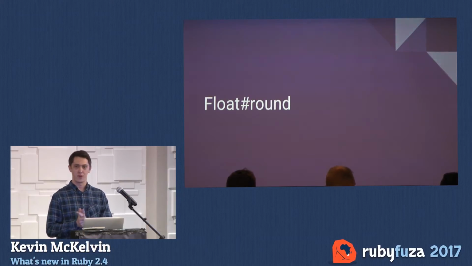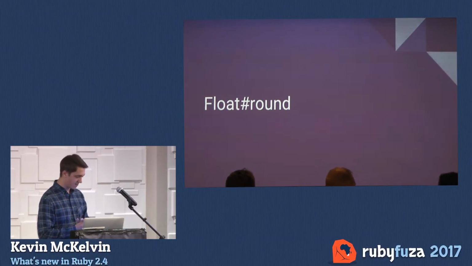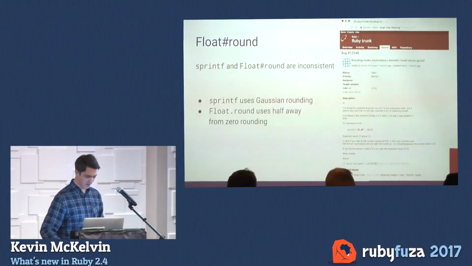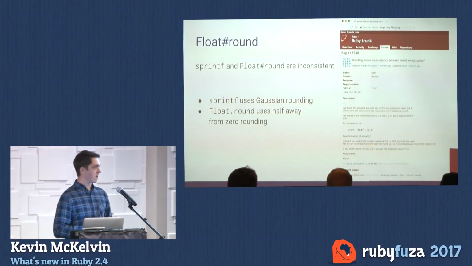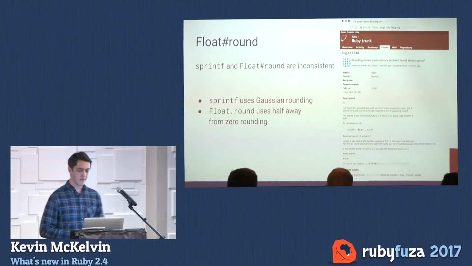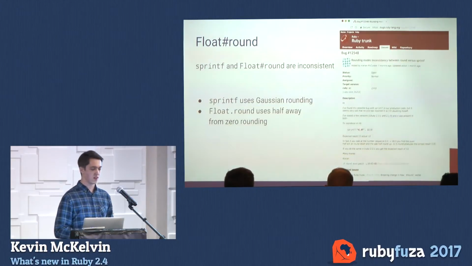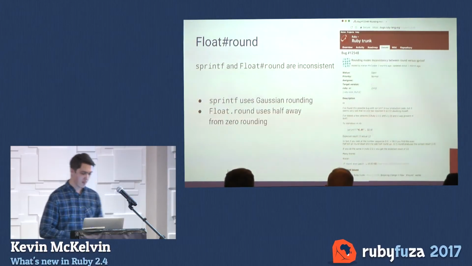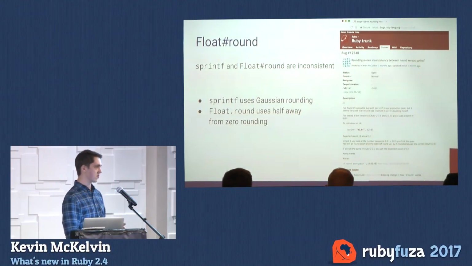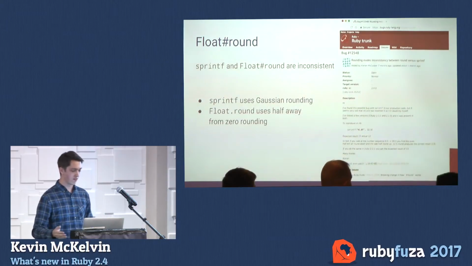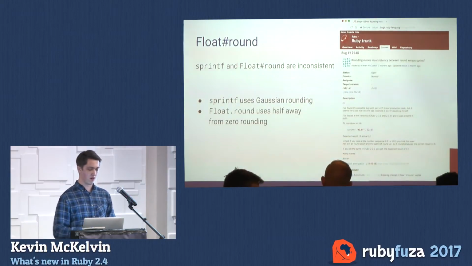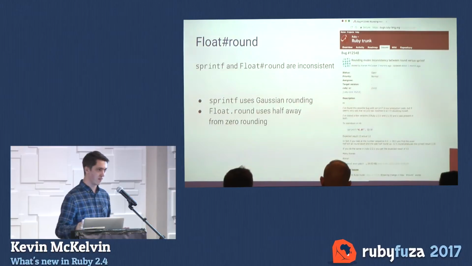Float round. Okay, now, as I say, this is quite an interesting one. First, we had a bug report in Ruby saying that there's an inconsistency between sprintf and Float#round. Sprintf uses Gaussian rounding, which rounds halves to the nearest even. Float#round, by default, would round halves away from 0.